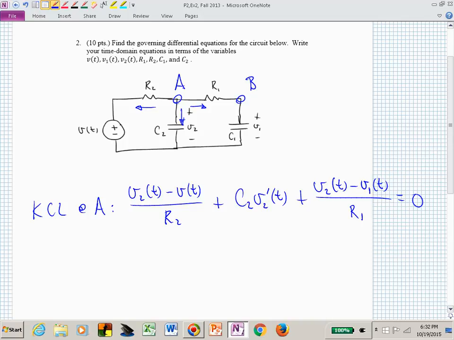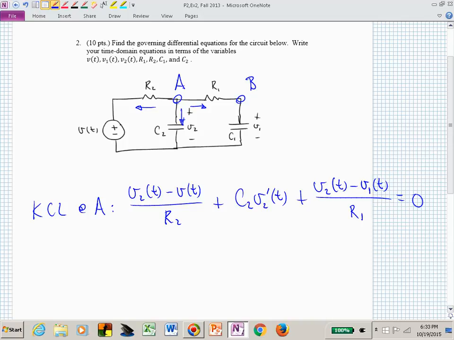That was kind of straightforward, I hope, so that you're starting to say, hey, this isn't bad. Now we have basically a first order differential equation, but there's some coupling. We have a V1, a V2, and a V. Now we need a second independent equation.